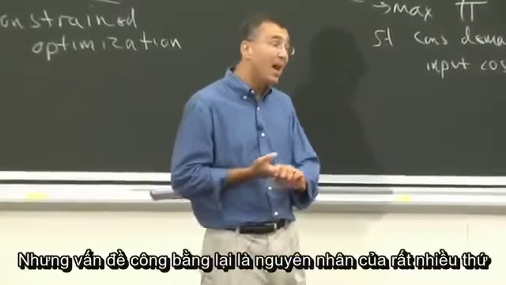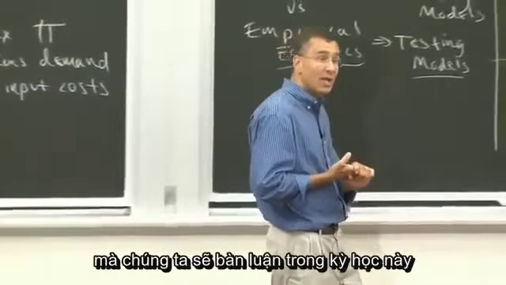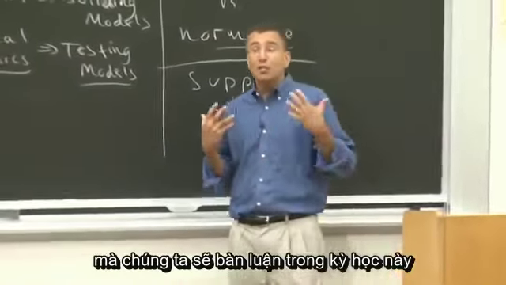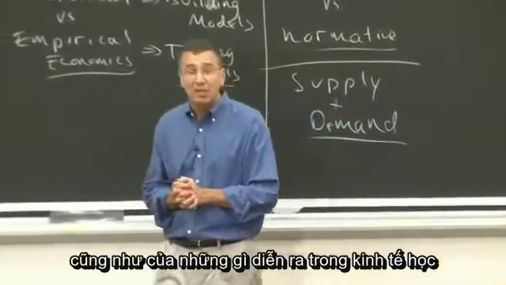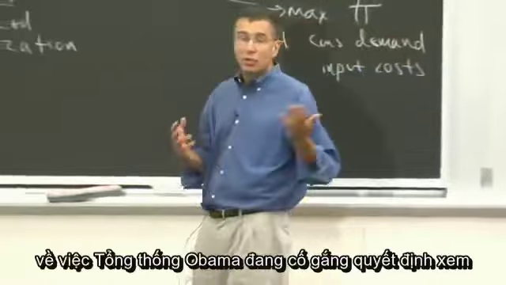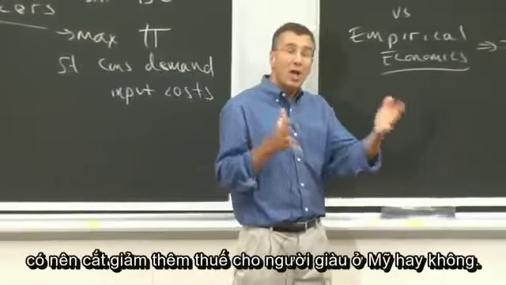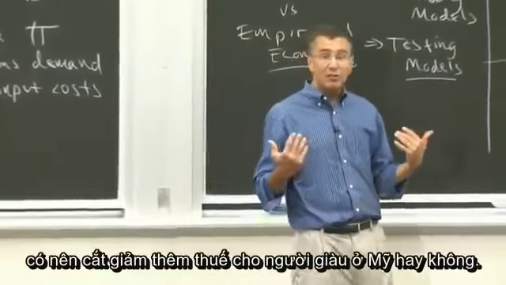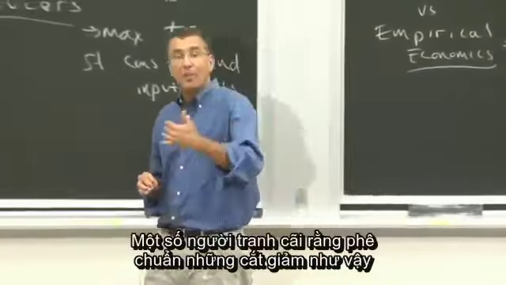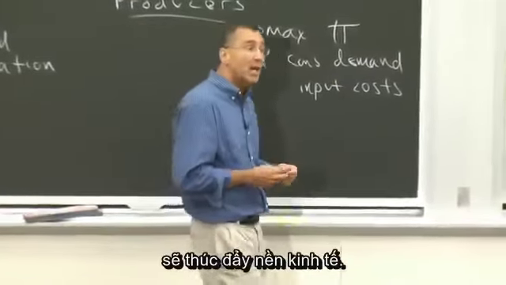But it turns out to be behind much of what we'll discuss this semester and much of what goes on in economics. Just take a look at the debate that's going on right now in terms of President Obama trying to decide whether or not to extend tax cuts to wealthy individuals in the US. Some people argue that allowing those tax cuts would promote the economy.